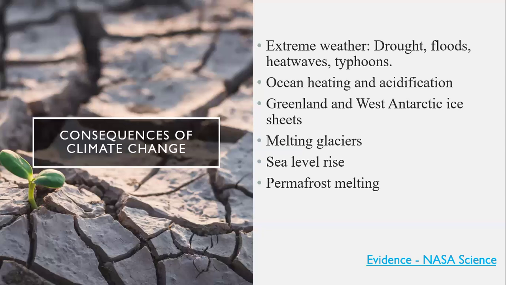This causes the ocean to heat, which affects marine life such as coral reef. Oceans absorb carbon dioxide, leading to ocean acidification. This harms shellfish, coral, and other marine organisms by reducing the availability of calcium carbonate needed for their shells and skeletons.